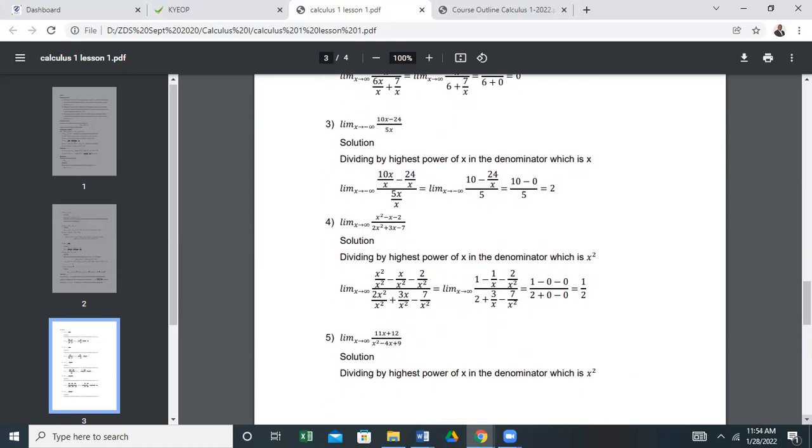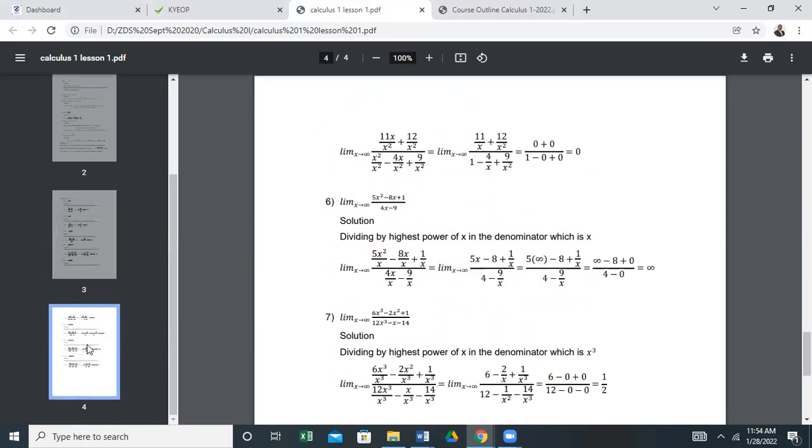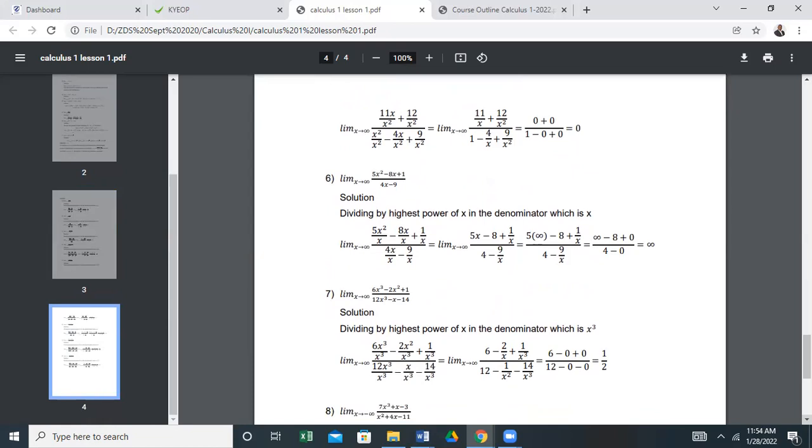In other words, we are saying that if you divide by the highest power of x in the denominator, you're able to get the limit of that particular function as x approaches infinity. I'll be sharing this note, you can refer, but basically we are dividing by the highest power of x in the denominator.